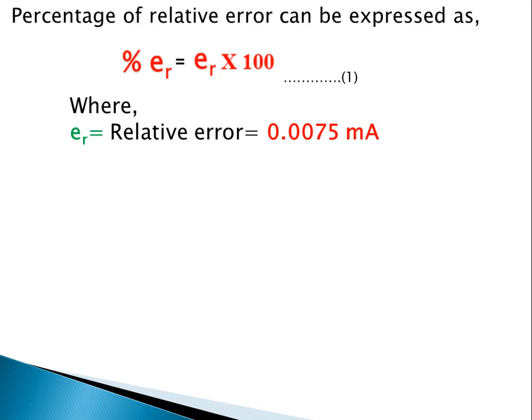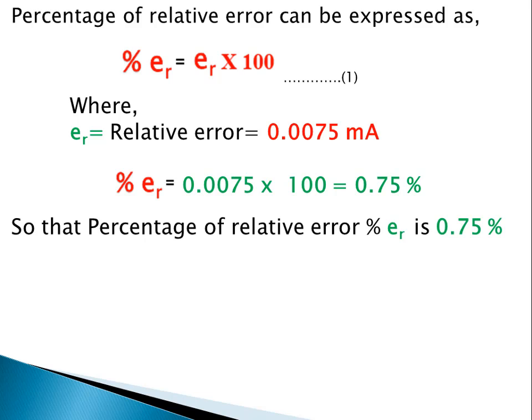Now in the equation substitute the value of er, so that we will get the percentage of relative error equal to 0.0075 × 100, that is equal to 0.75 percent. So we can say the percentage of relative error is 0.75%. This is how we can find the value of percentage of relative error in the given problem.